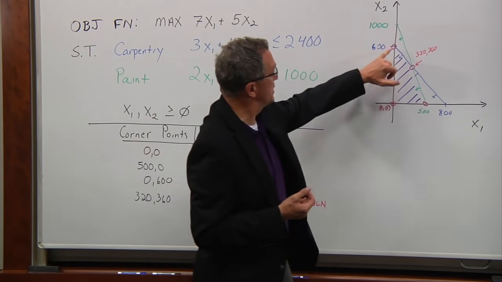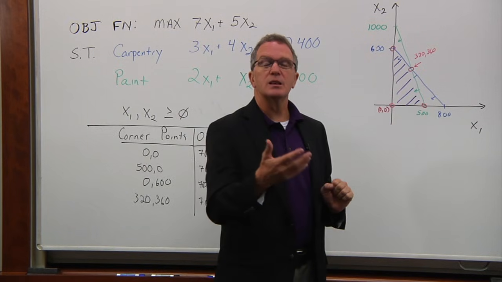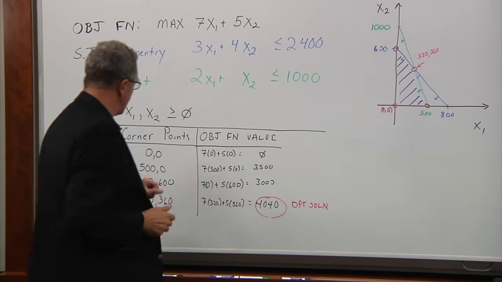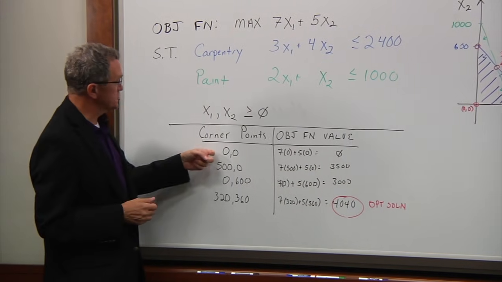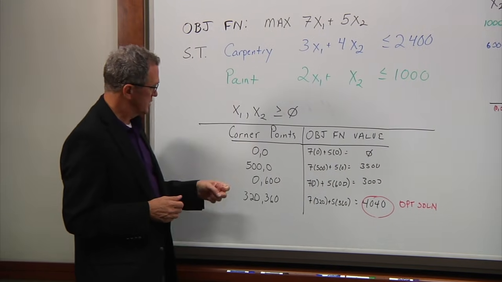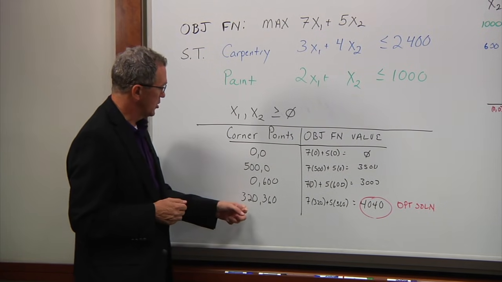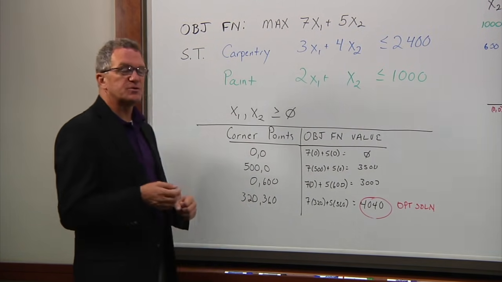So you're going to make the most money where you have maxed out at least two of your constraints. In this case, then, our solution will be to make nothing, or 500 tables and no chairs, or no tables and 600 chairs, or the current mixture of 320, 360.